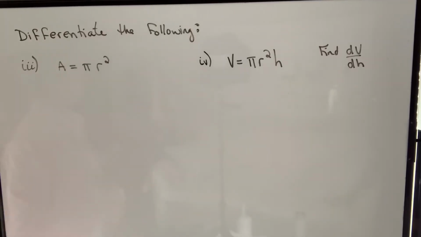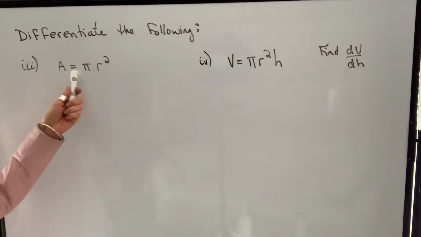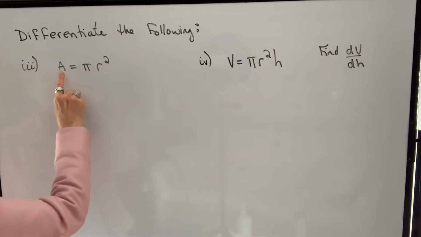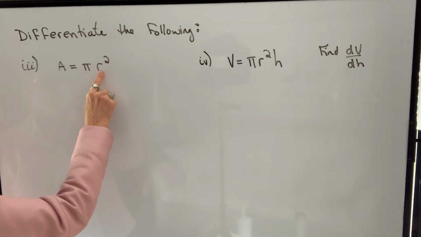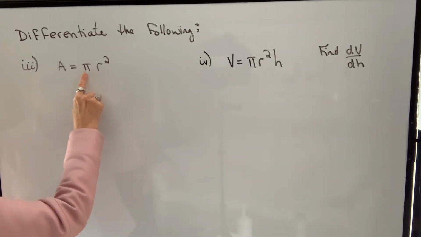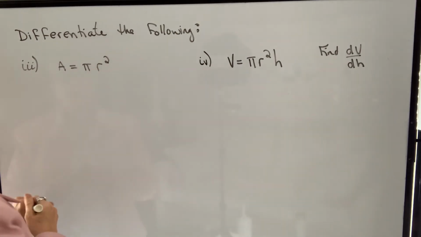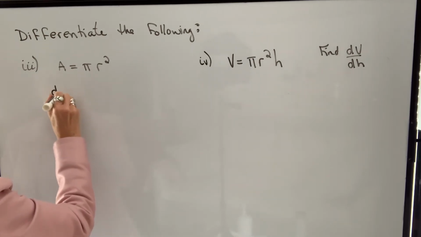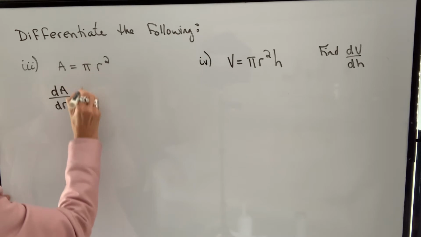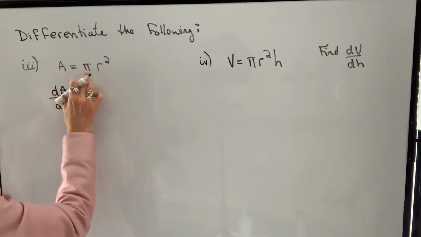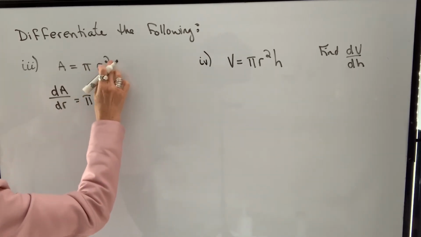My next example is the area of a circle. Area equals pi r squared. So again, this is my dependent variable. Area depends on r, which is the radius, and pi again is a constant. So the derivative of a with respect to r will be equal to pi, a constant, times the derivative of r squared.